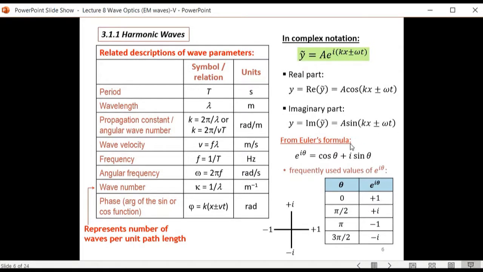Which is obtained from Euler's formula given this way, whereby this is the real part and this is the imaginary part. This table lists the frequently used values of exponential i theta, whereby theta takes value of 0, pi over 2, pi, or 3 pi over 2, and the exponential function will give these values.